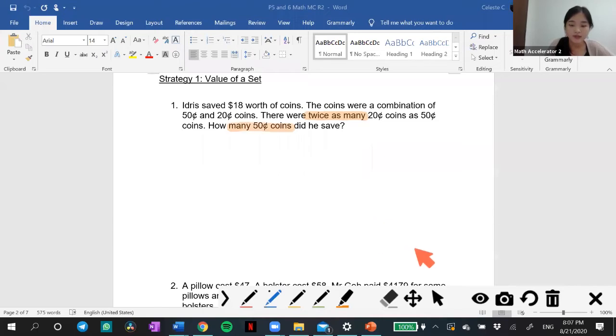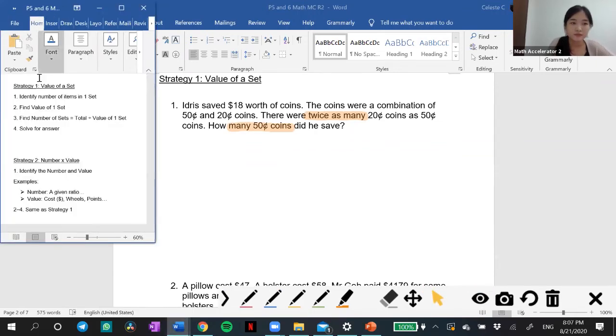Right, so looking back at your strategy, what is your first step? Here. Identify the number of items in one set. So one set equals to, okay, look at what you highlighted.